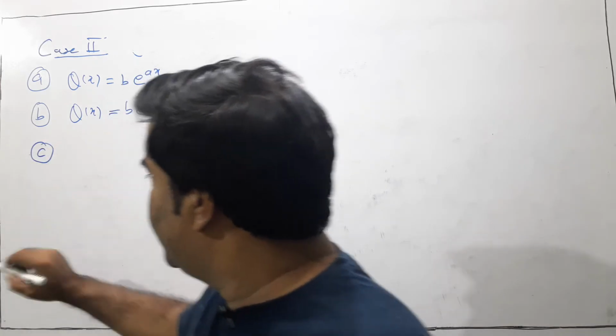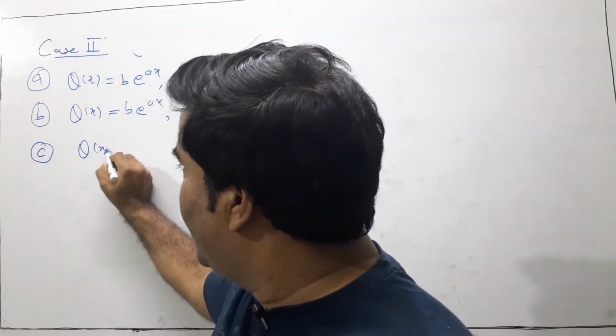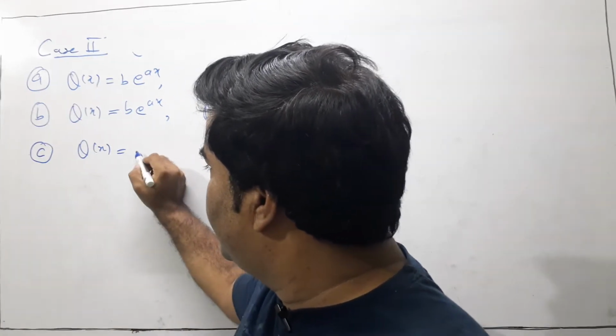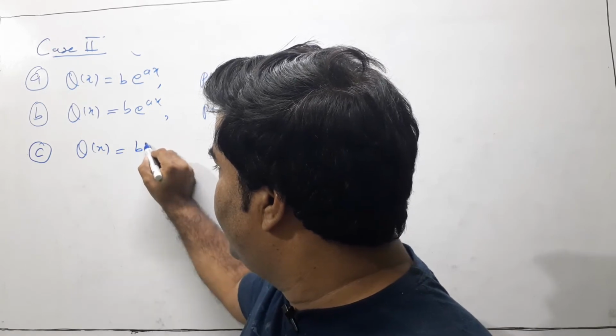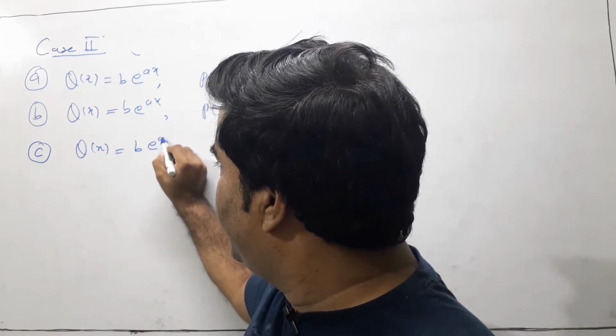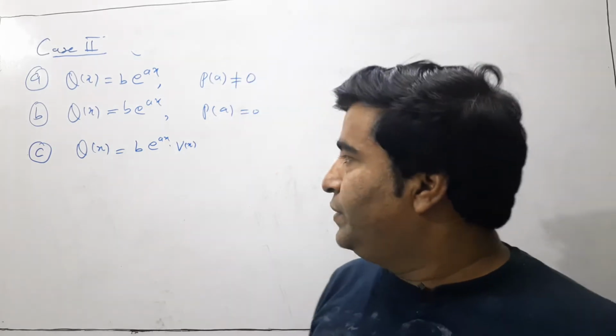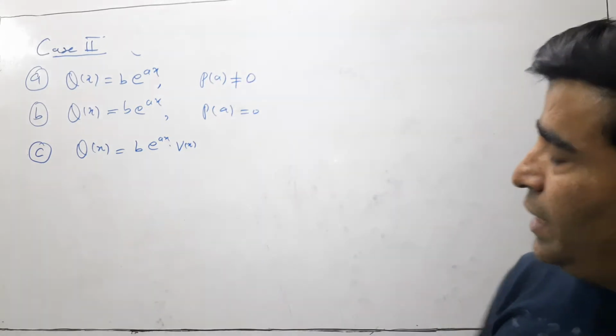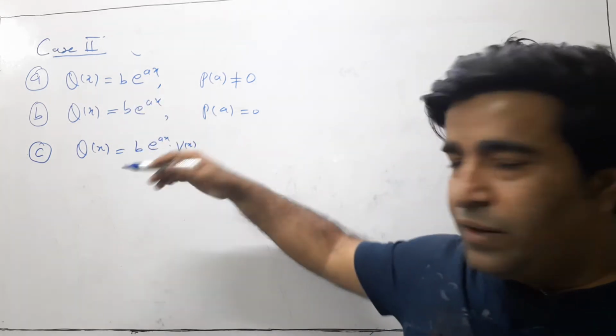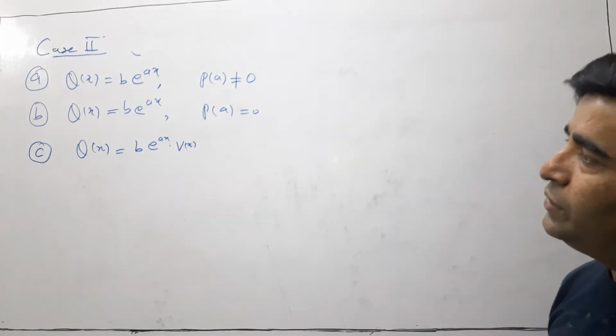And one more case we have here, when Q(x) is the product of e to the power ax into a function of x. Here v is a function of x, and v and a are constants.